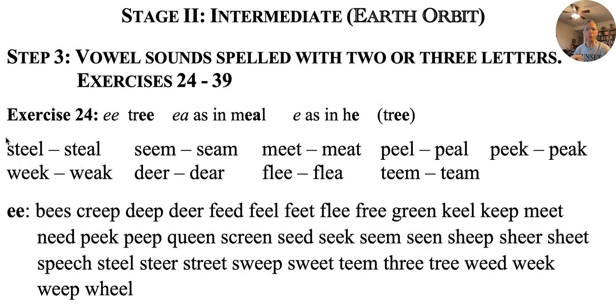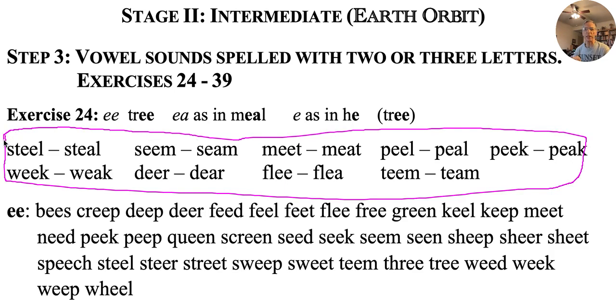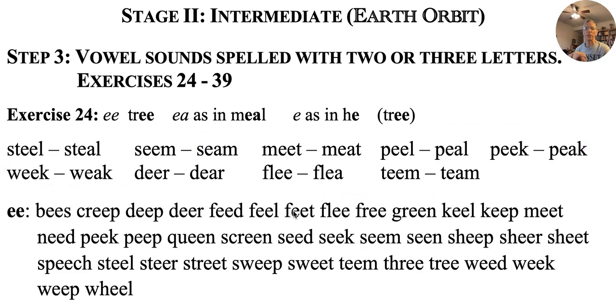Here at the top of the page we have an introduction, and then we'll study the words that you're going to be timed on in your exercises. Let's look at these. We have steel and steel.